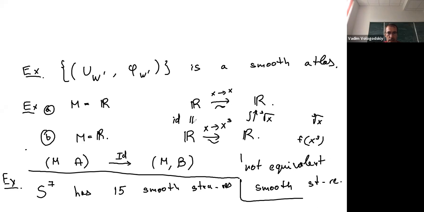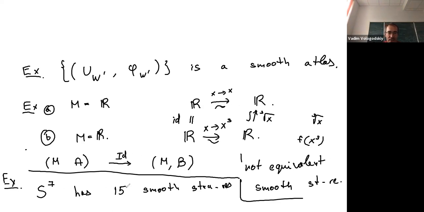So in this example, the identity map from R to R, where the first copy of R is equipped with the first smooth structure and the second copy of R is equipped with this smooth structure, is not a diffeomorphism. However, you can construct a different map, right? It might happen that you can construct a map from M to M which is a diffeomorphism. And in this case, the map would be just this one. It takes x to x cubed.